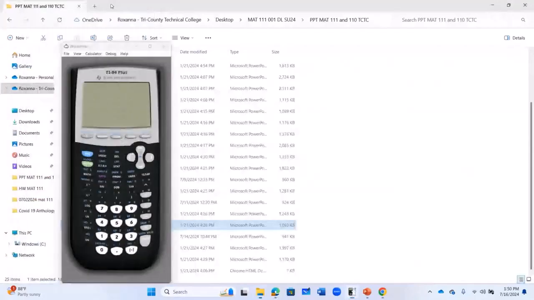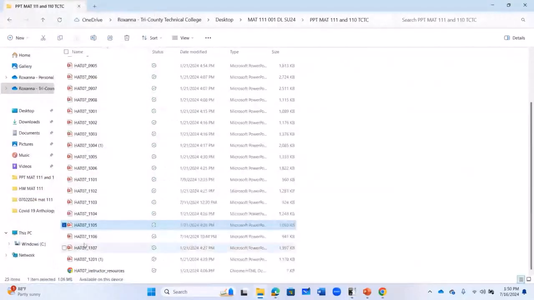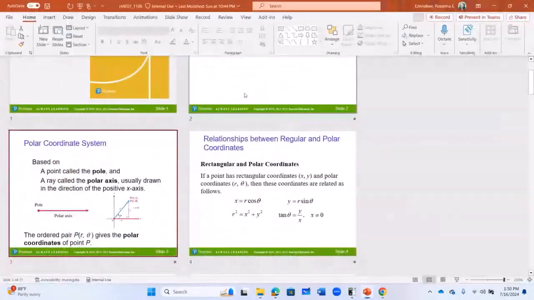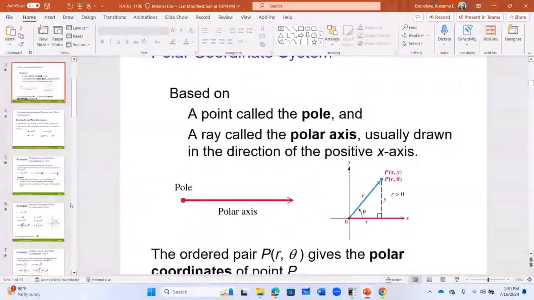I know we're not going to scratch it, but let's go to 11.6 and actually start something from there. So 11.6 is the polar coordinate. We're not going to delve into polar coordinates a lot, but I want us to know that in polar coordinates, you already have r also.